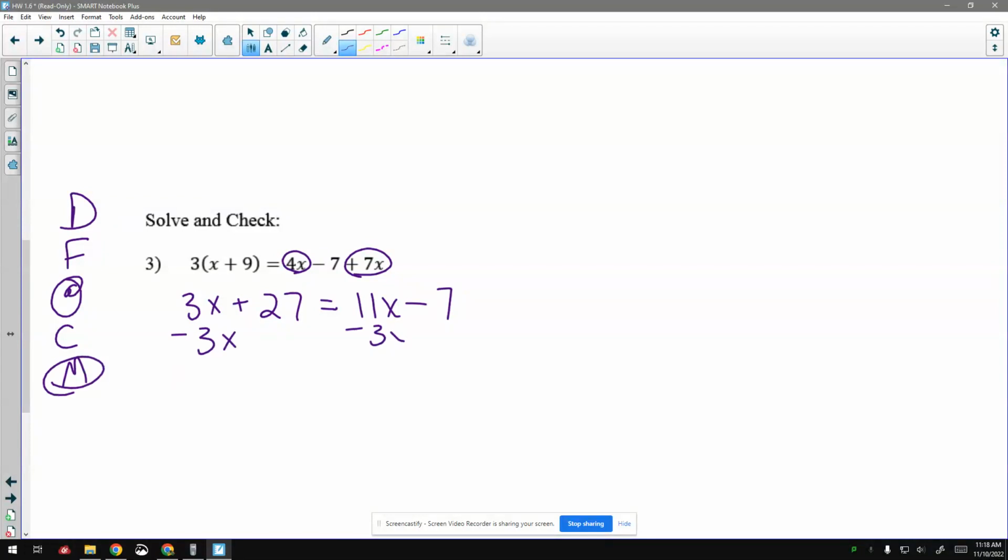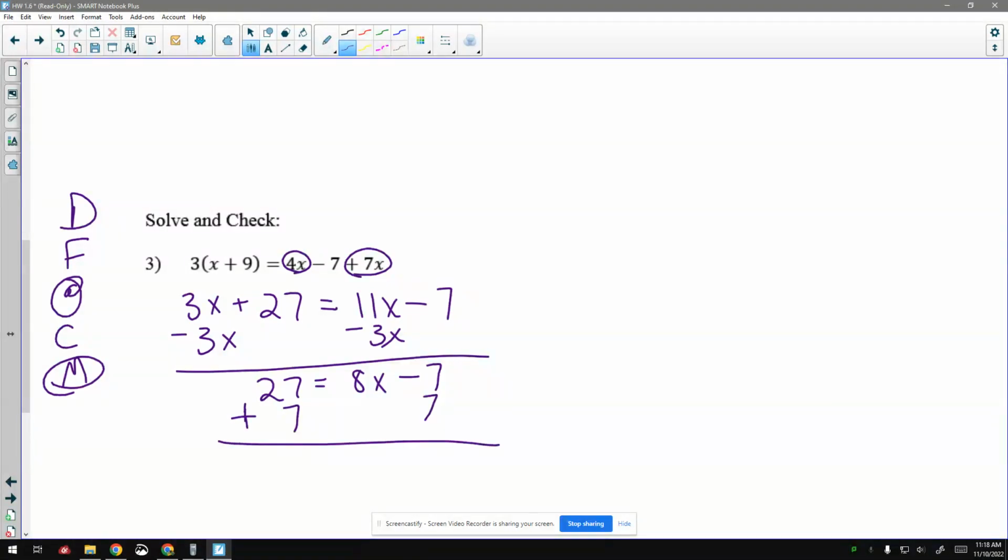I'm going to subtract 3x. 8x minus 7. I'm going to add 7 to both sides. That's 34. Is this right? I'm not liking it. X equals 8 times 4 is 32, this would be 4 and a half, 4/8. I better check that one.